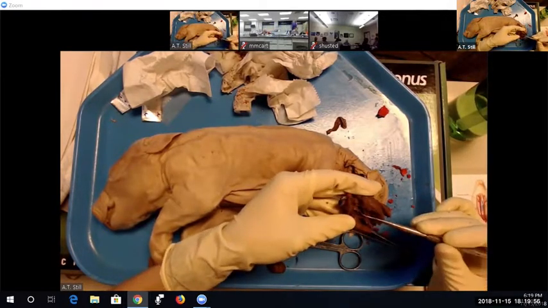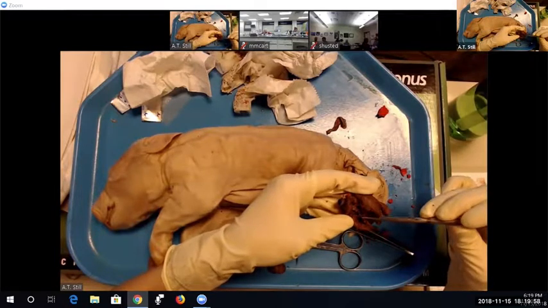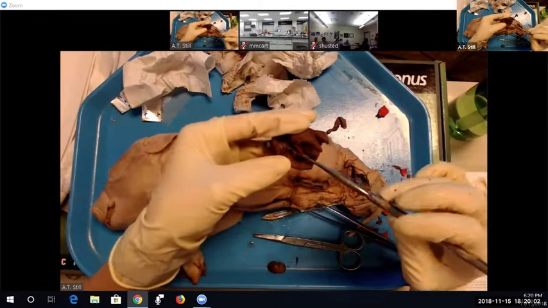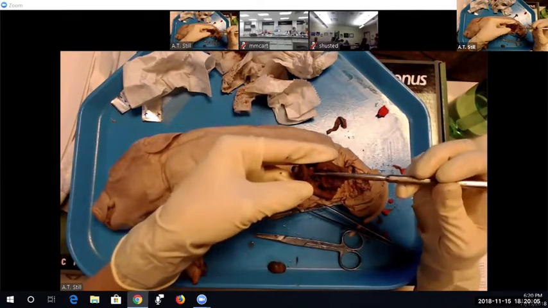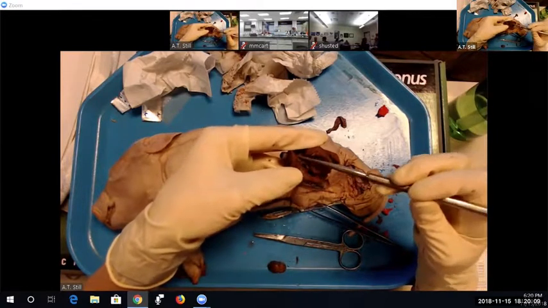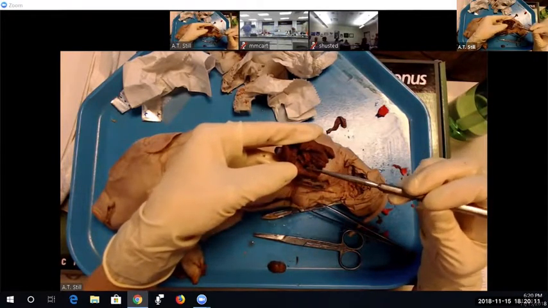Okay, so this is going to be the tricuspid valve right here. Kind of hard to see since we've ripped out all that material, but it's just this right here. And that's what separates the right atrium from the right ventricle.